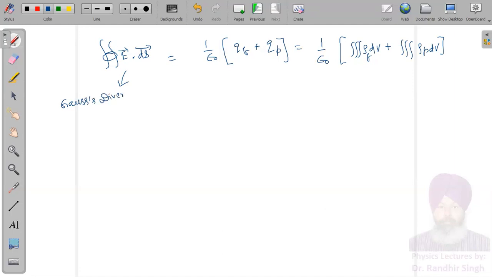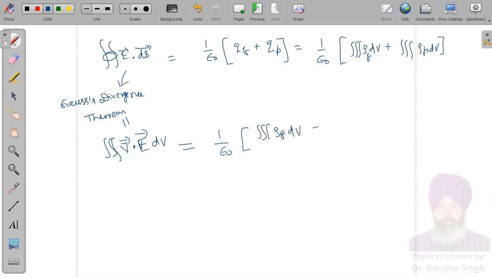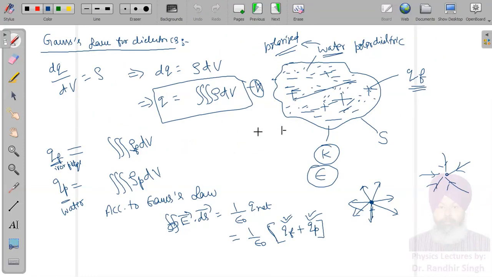If I apply the Gauss divergence theorem on the left hand side, this quantity will become equal to triple integration del dot E dv, and the right hand side is 1 over epsilon naught, triple integration rho f dv plus this quantity, rho p. I have to go to the previous page.